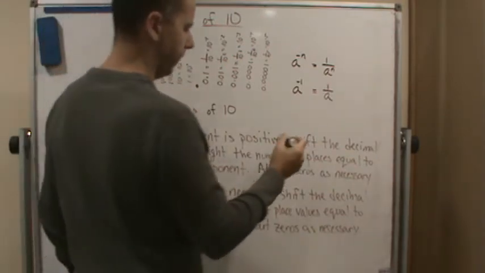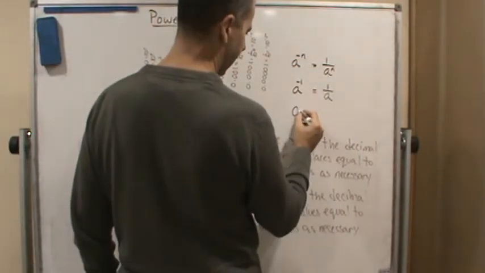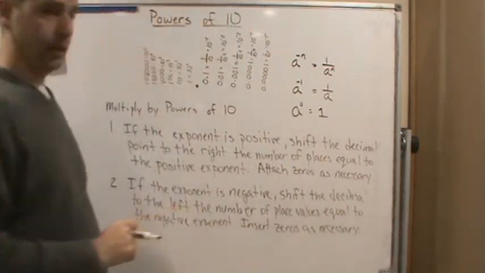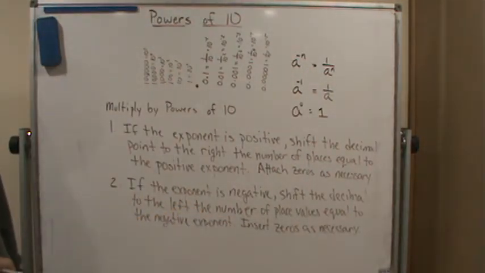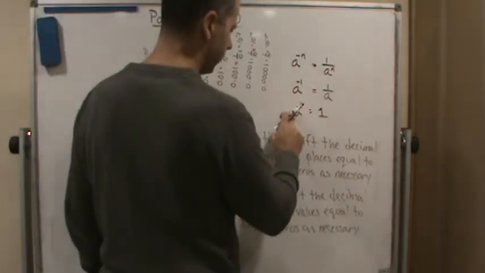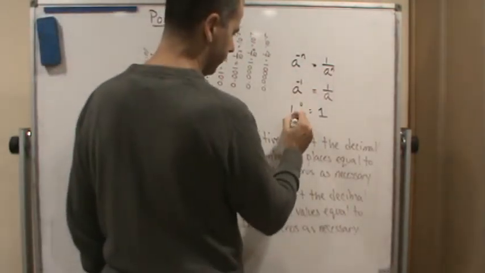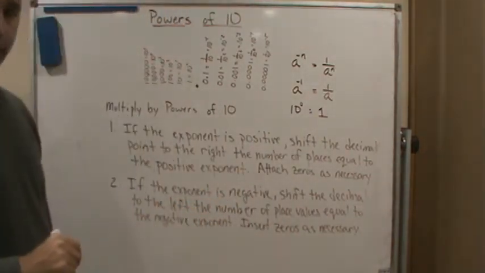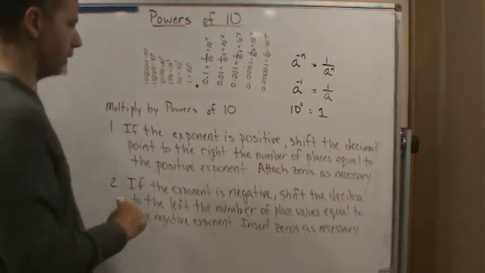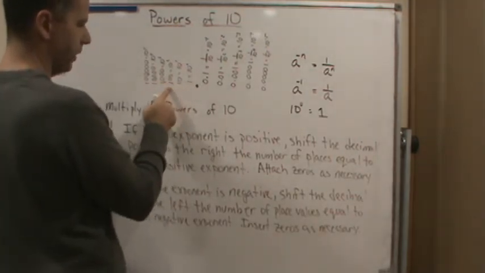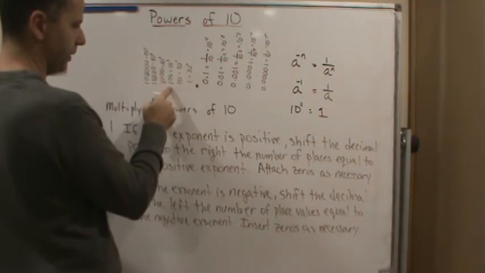Also, to the left of the decimal point are place values too. The ones place is 10 to the 0. a to the 0 power is defined as 1, so any number raised to the 0 power is defined as 1. That includes 10, so 10 to the 0 power is the ones column, or the units column. If we go to 1 power of 10, we get 10. 10 to the second power is 100, so we get the hundreds place.